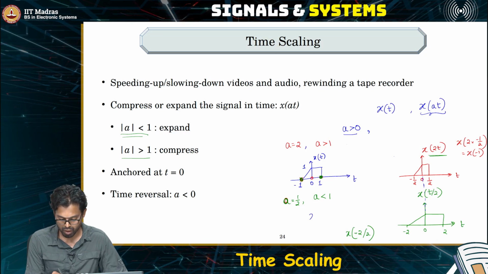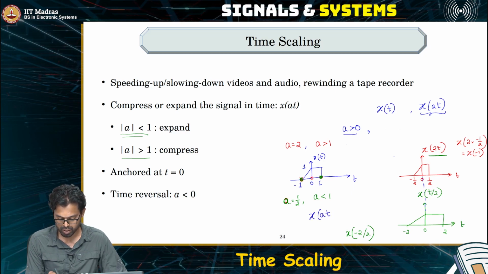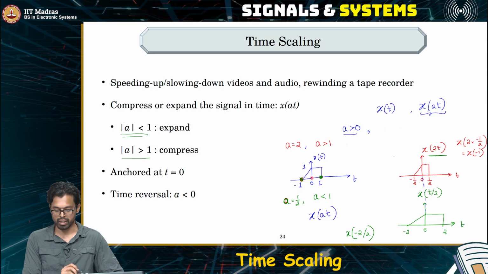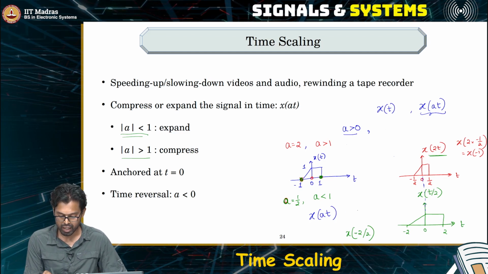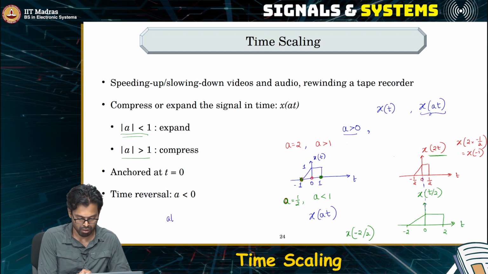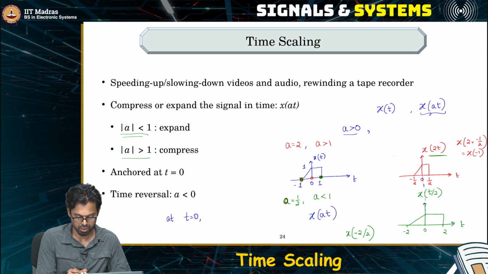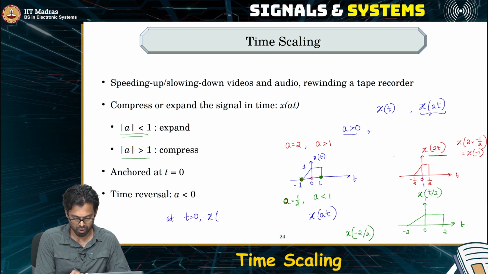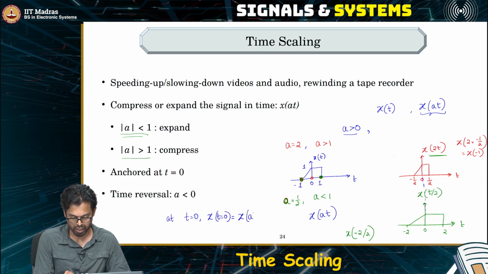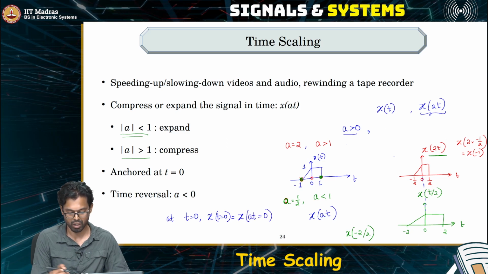No matter what the value of a is, at t equal to 0, x of 0 is going to be equal to x of a times 0, which will also be 0.